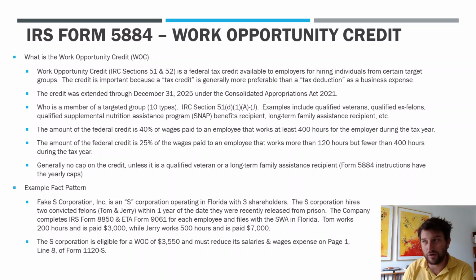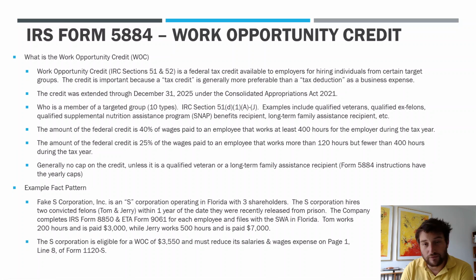If it goes over certain amounts, then you don't get additional credit for those amounts. You just deduct the wages that you paid them as a regular ordinary trade or business expense under Section 162. So the credit is really designed for wages below certain thresholds for individuals in this group. In our example, we're going to be looking at qualified ex-felons. Generally, no cap there. So let's look at the fact pattern, and then we'll go into the forms themselves.